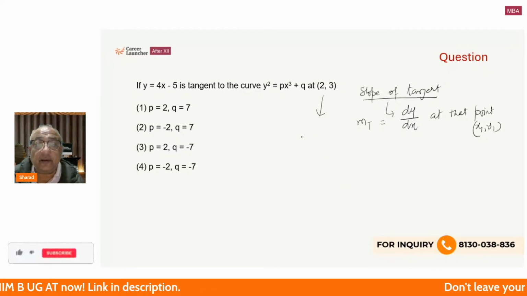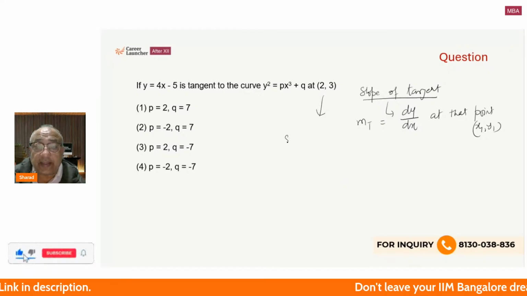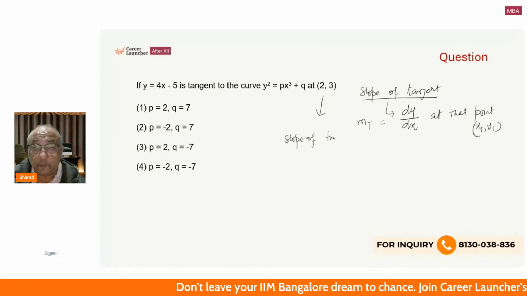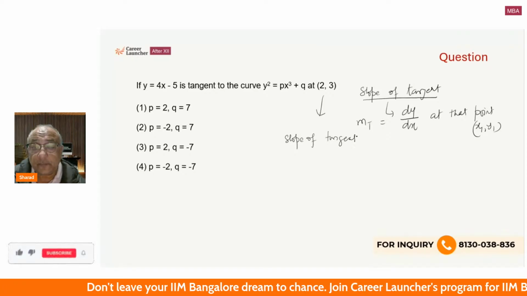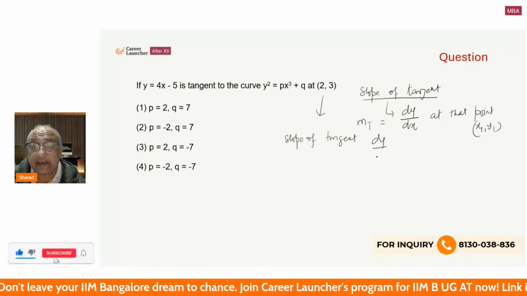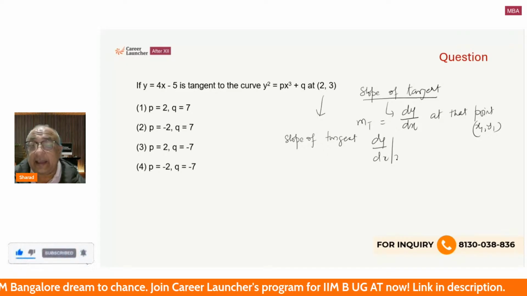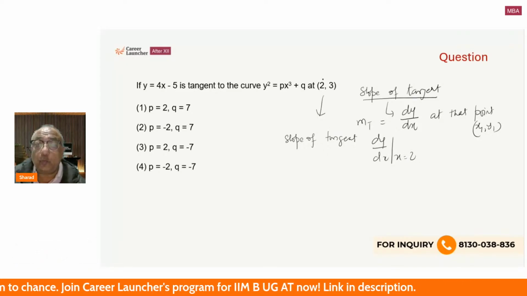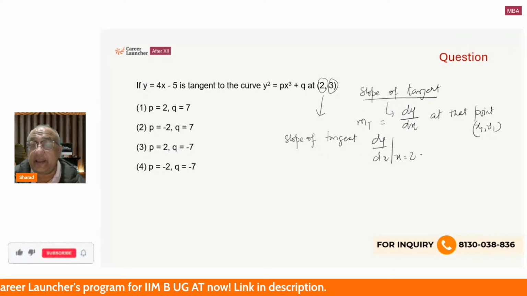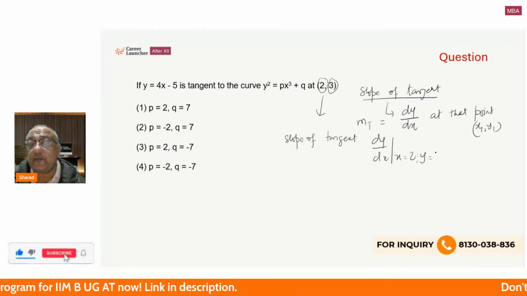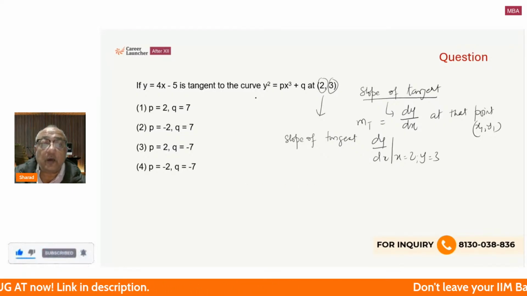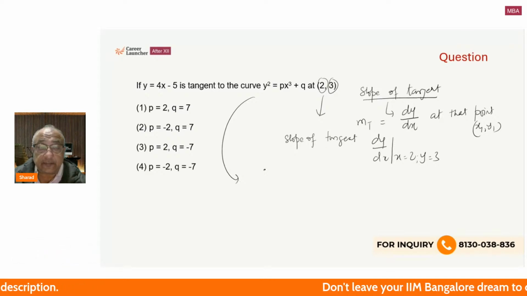So here the slope of tangent will be equal to dy by dx at x equal to 2 and y equal to 3. This is very important. So now let's compute dy by dx.